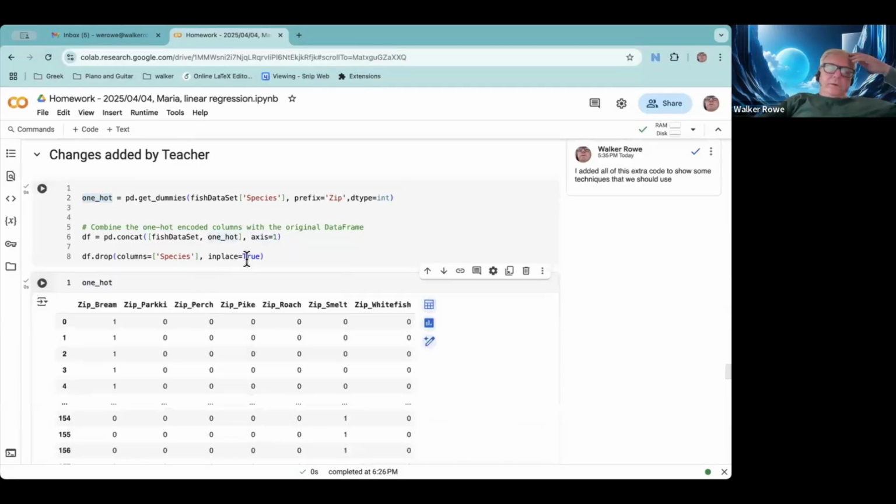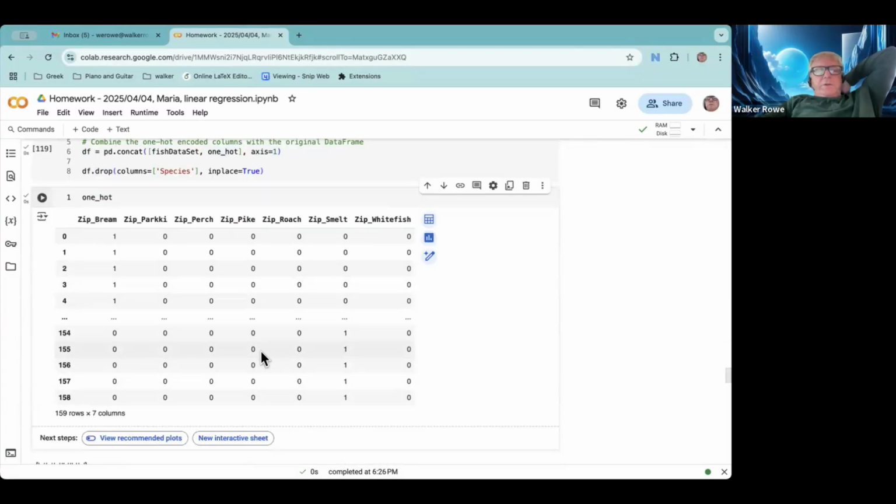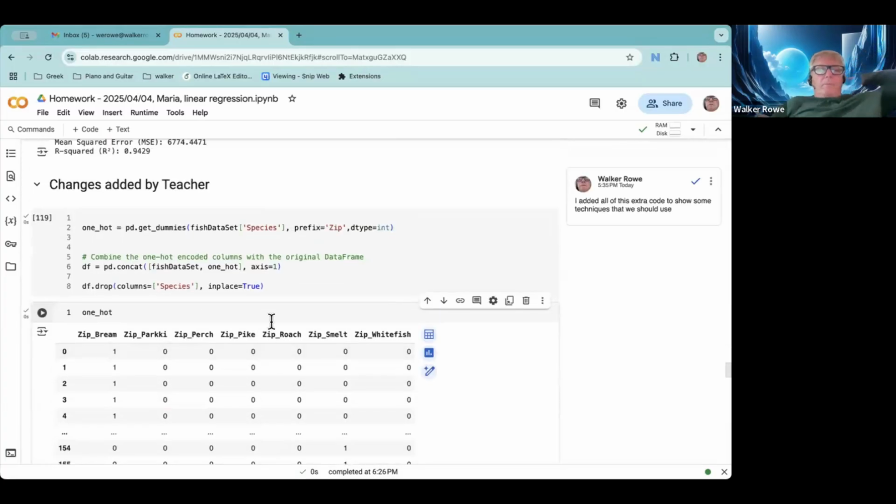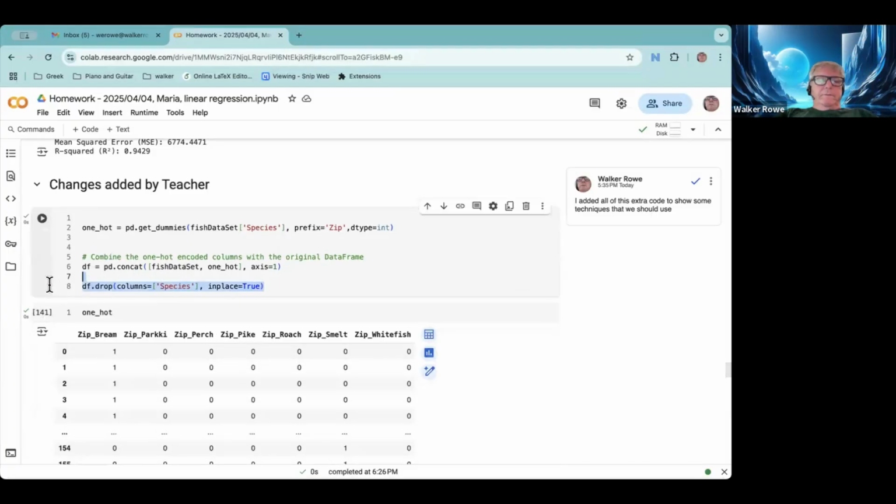See, there it is. That's taking that text information, the species, and then converting it to a number. But a number that means something. It's converting it to an array. Now, having done that, I can throw away the text. So I get rid of it.